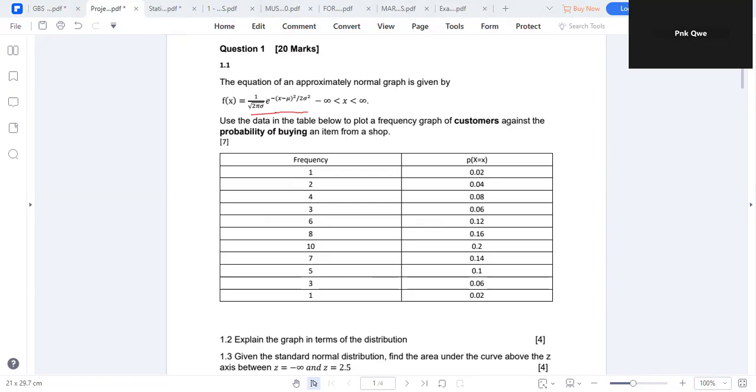We submitted this paper or question. I'm sure we remember that the frequency followed the normal distribution in your paper.